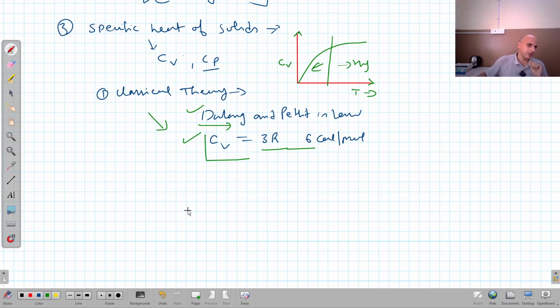Now, to remove this discrepancy or solve this puzzle, a theory was given by Albert Einstein. We call it the Einstein theory of specific heat of solids.